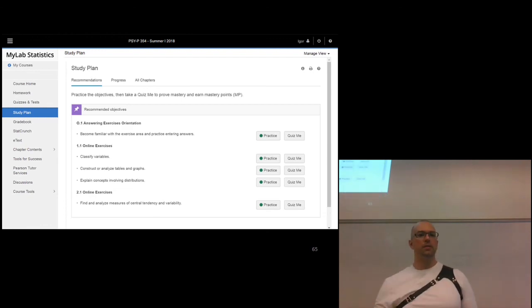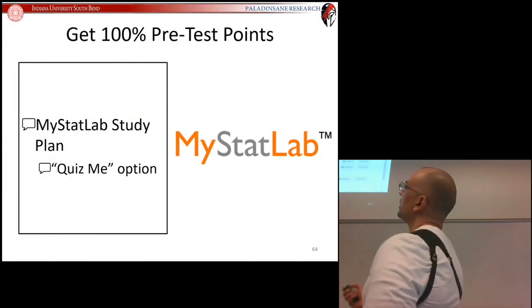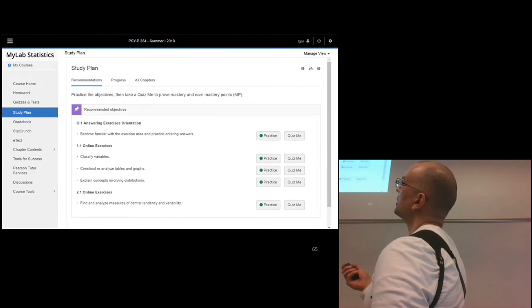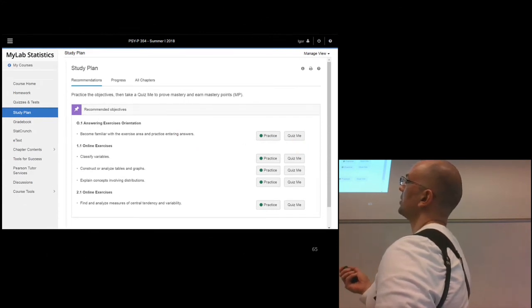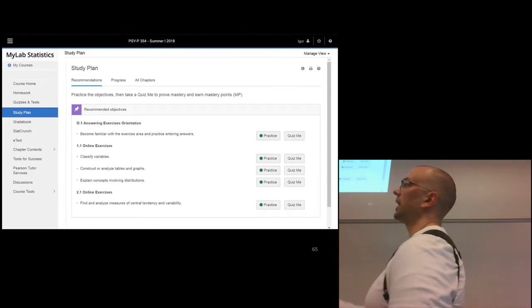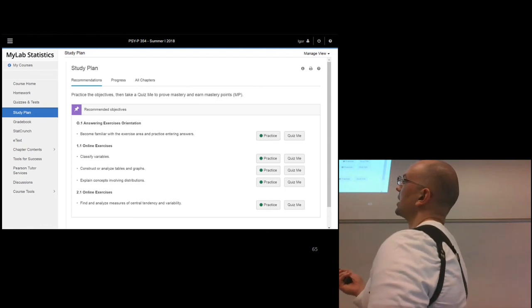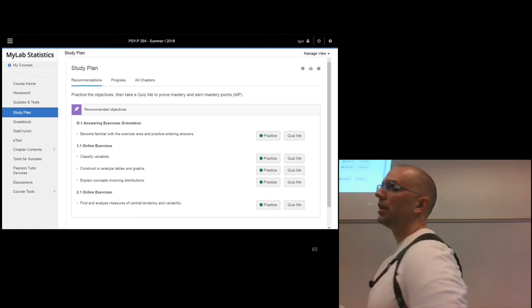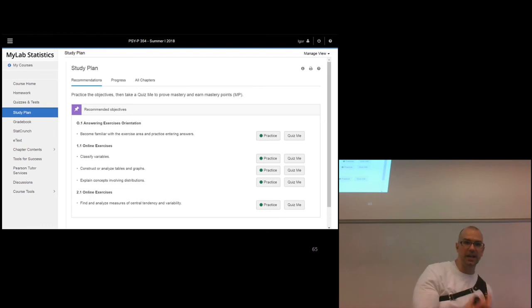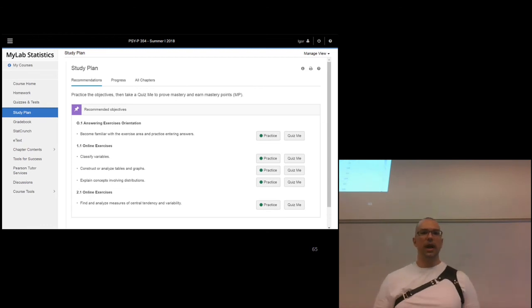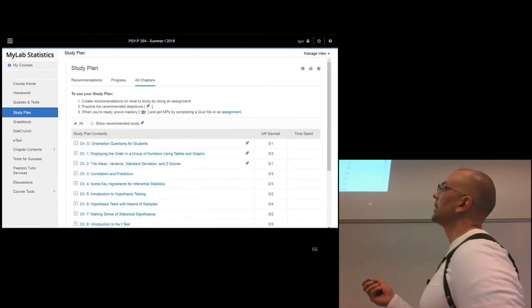So for the Quiz Me option, there are 4 specific chapters. All right, so you'll see here for chapter 0, which is the orientation, the one that you'll be doing today, there are specific online exercises that you can do to practice how to interact. They have those for every chapter.